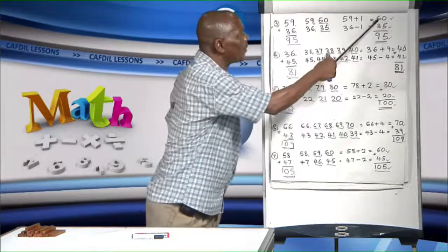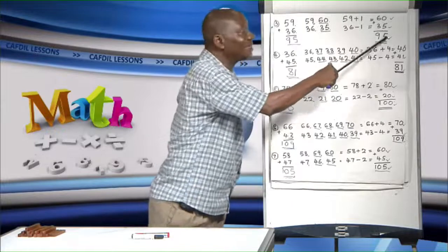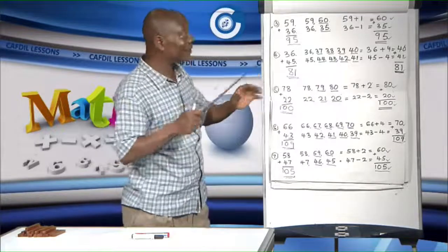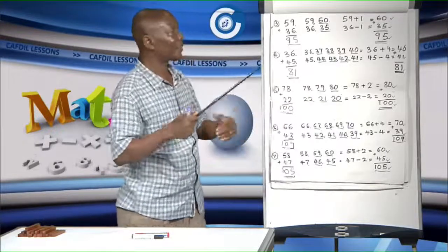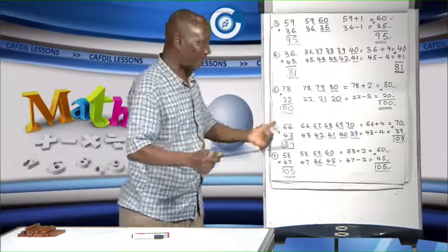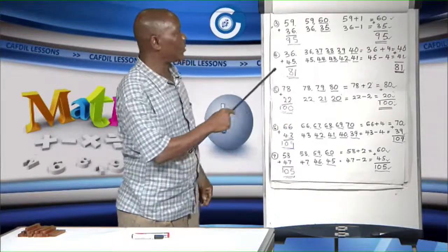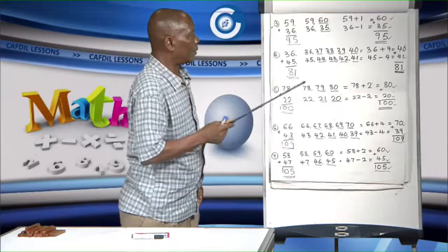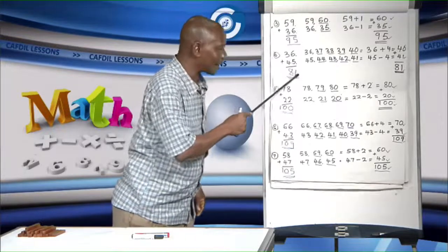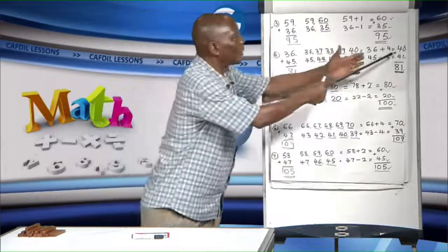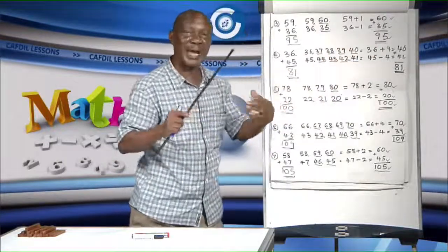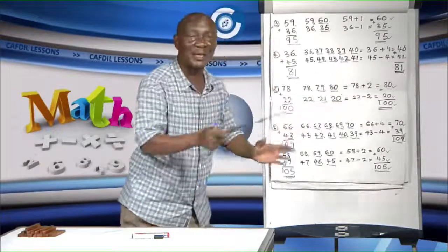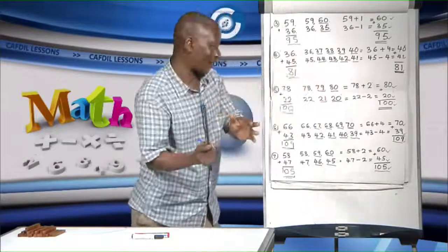Then 60 plus 35 also gave us 95. So 59 plus 36 is the same as 60 plus 35. When we come here, we have 36 plus 45, which gave us 81 as the answer. Now when we wanted one of them to end in 0, we had 40 plus 41, and that also gives us the same 81.